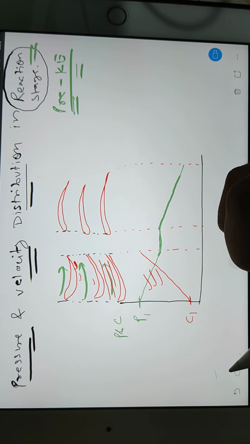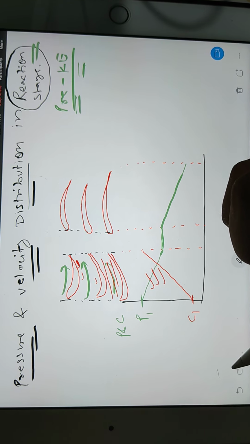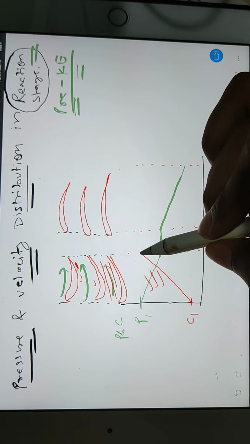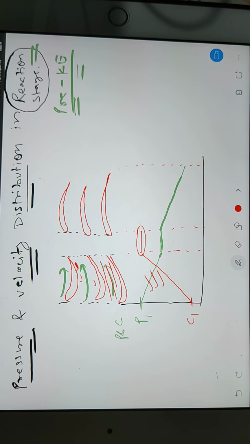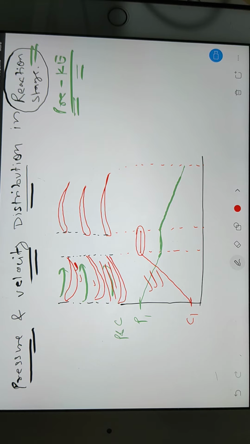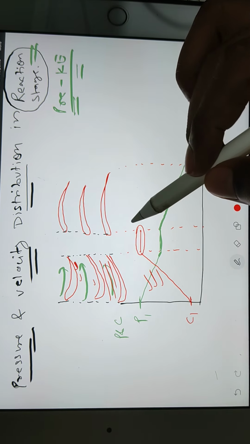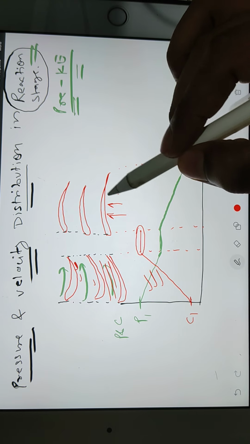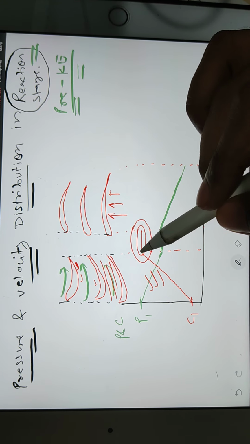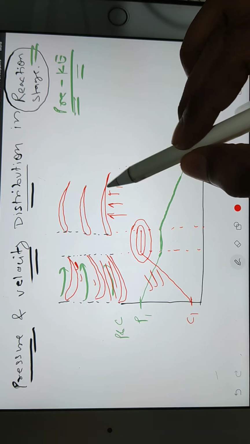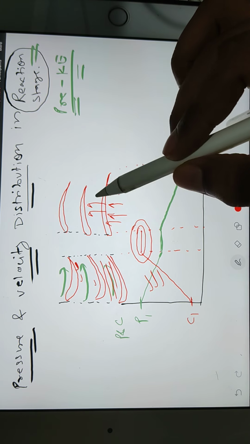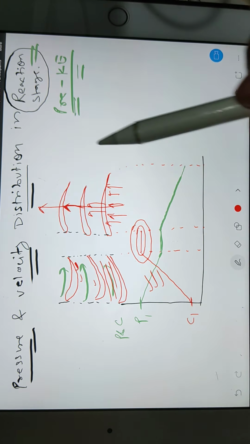Now what will happen in case of the rotor? Because you are imparting kinetic energy to the rotor, whatever kinetic energy the flow has, some part will be transferred to the rotor blades. So that's why the rotor will turn in this direction.